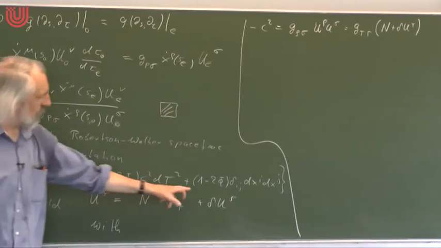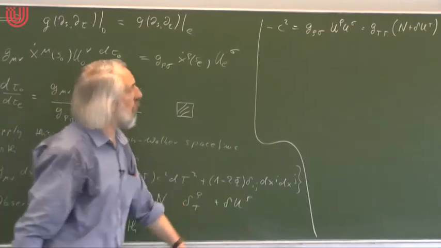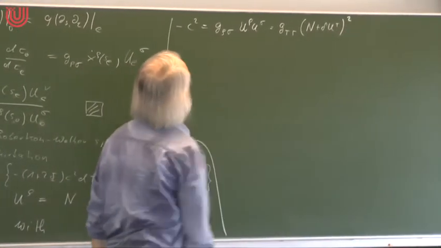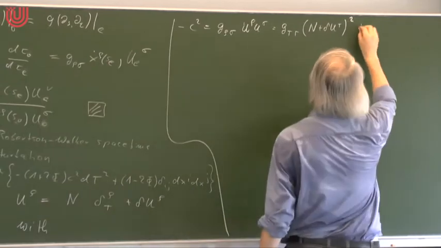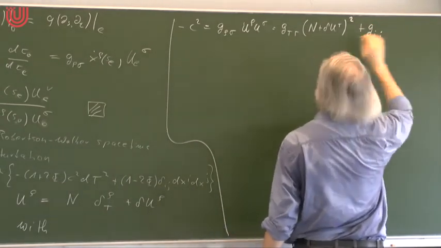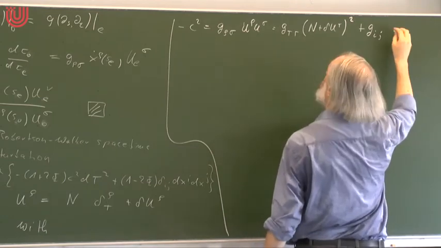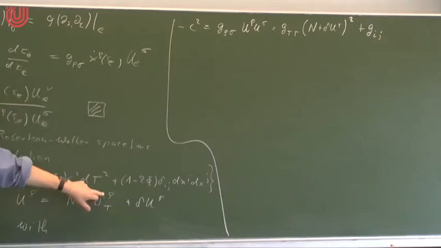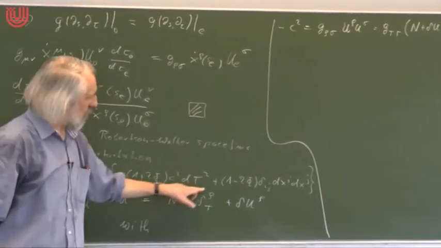If rho is t, then this is a 1, and this is squared, because it comes twice. And then I have the spatial term. There's no mixed term, no it term: u^rho, u^i. If rho is i, then this is 0.